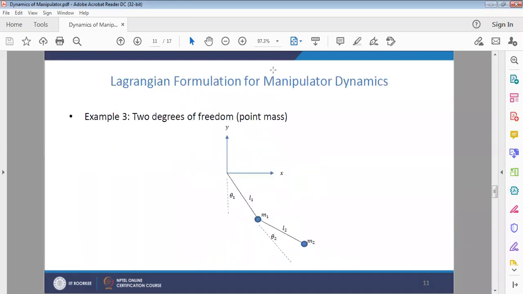Let us calculate the position of this point in this coordinate system. This is the y coordinate, and this is the x coordinate.